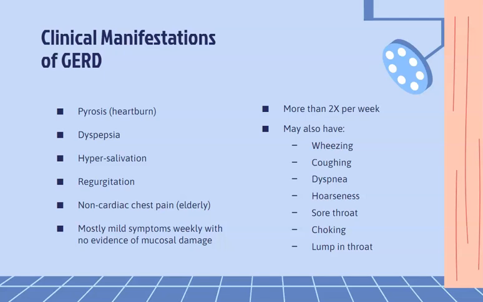A lot of the times when these clients come in complaining of burning in their chest, that burning sensation truly is related to GERD, but because of their age and medical history, we're probably going to run down the cardiac workup route to rule out an MI or rule out the more serious complication that could be occurring.